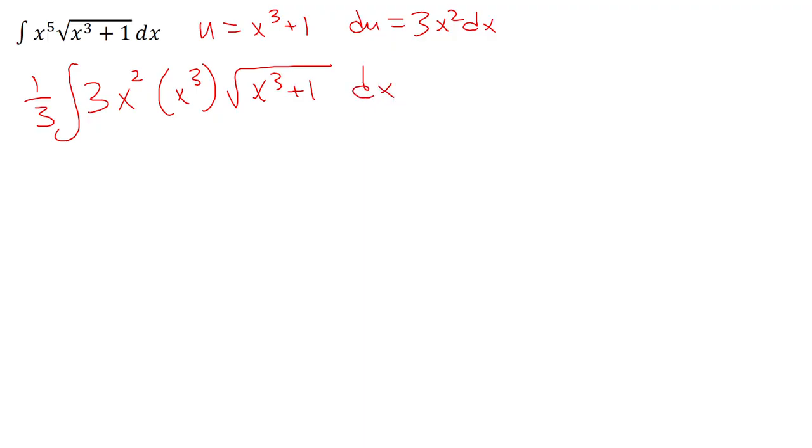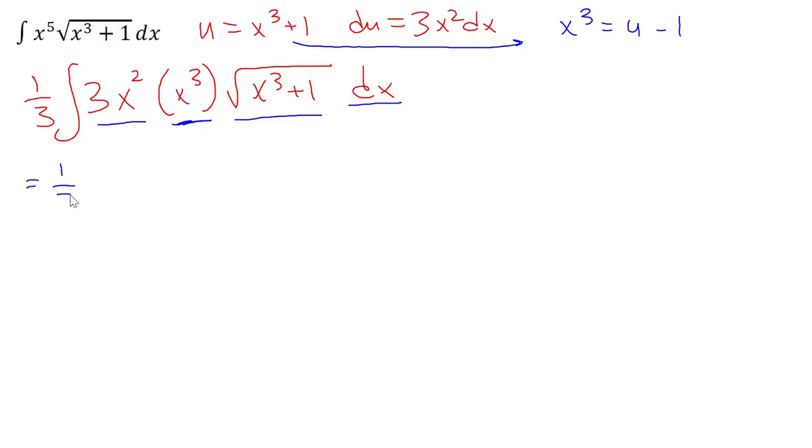And so now 3x squared dx can become du. Root x cubed plus 1 can become root u. And x cubed, well, x cubed is equal to u minus 1. So x cubed can become u minus 1.